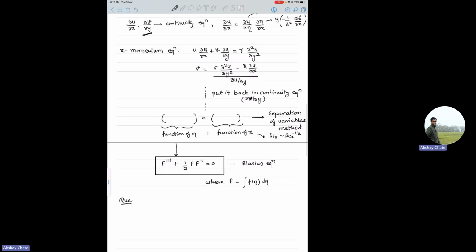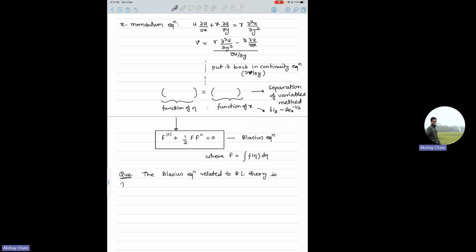So the question is, the Laplace equation related to boundary layer theory is, and you have first option, which is third order PDE.